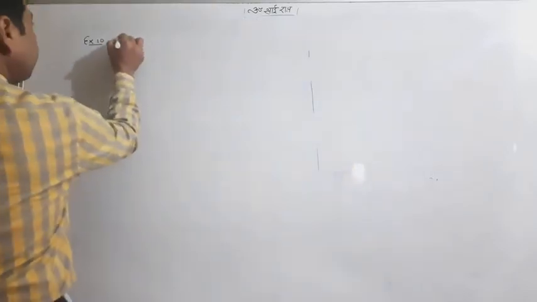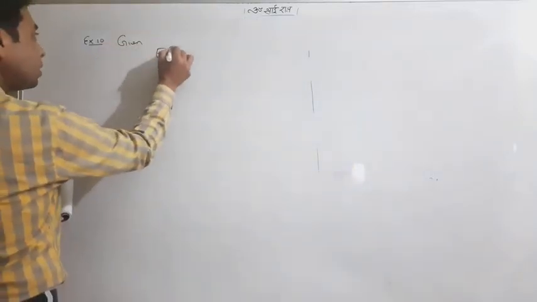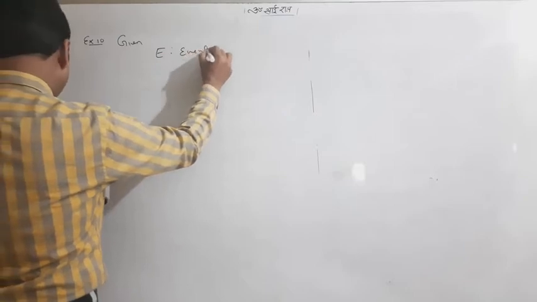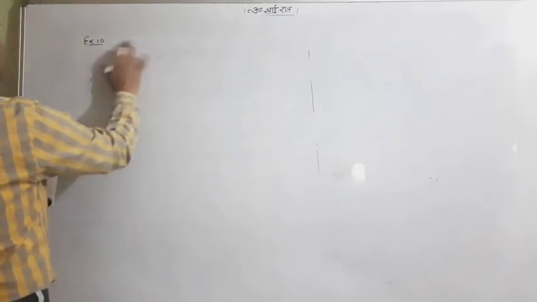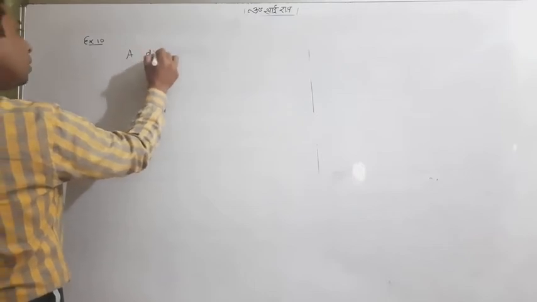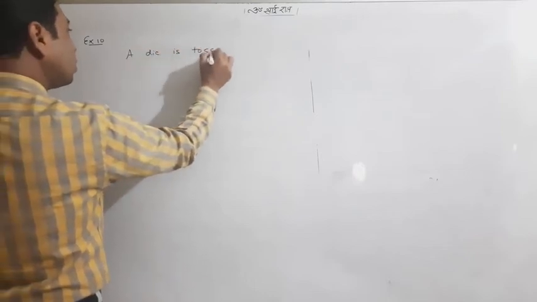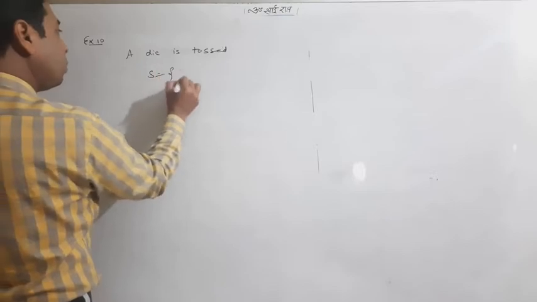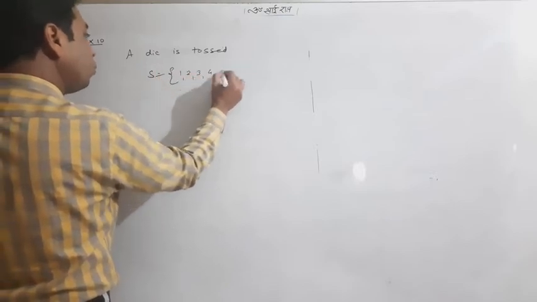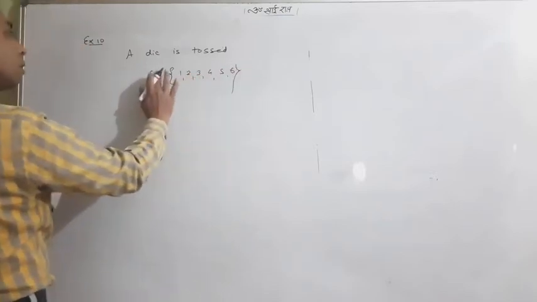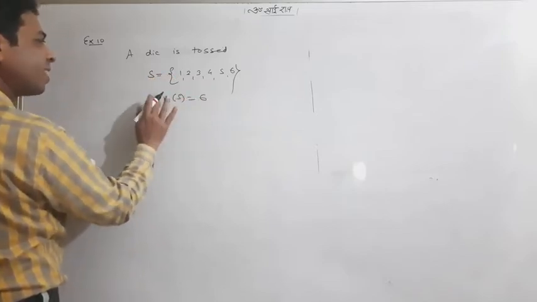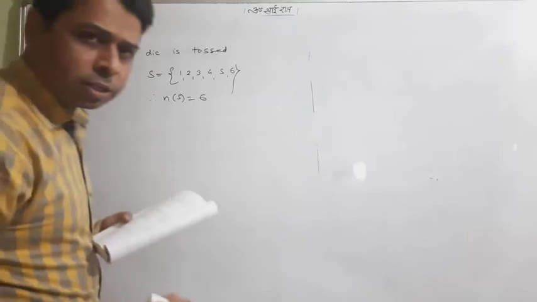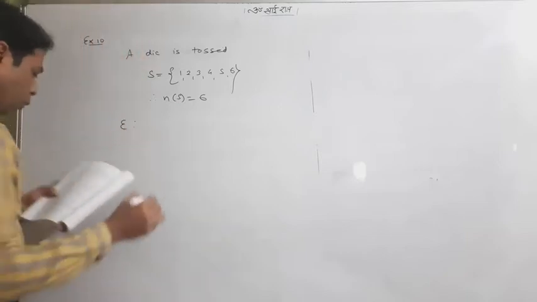A die is tossed. One should know S will be 1, 2, 3, 4, 5 and 6. This is very simple. N of S equals 6. Now E: what does E say?